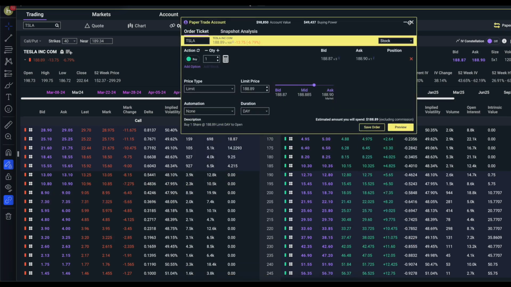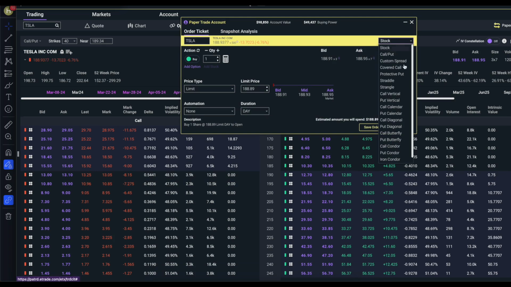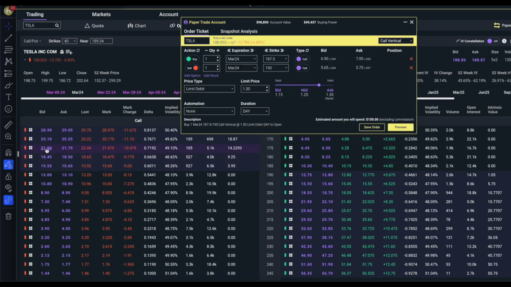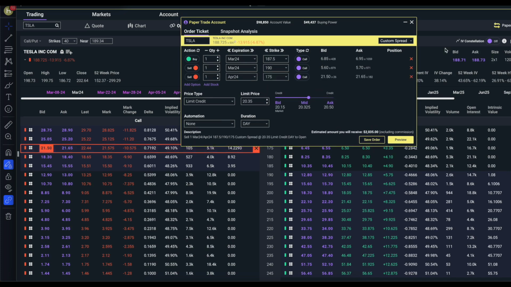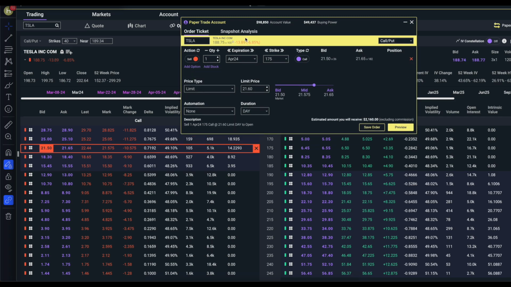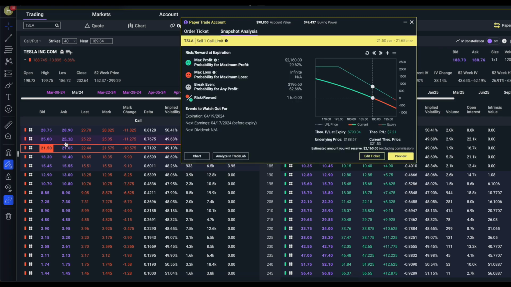One way to do it is by using a call vertical spread. Selling just a straight up call is going to introduce infinite risk. So chances are your account, if you're a new trader, isn't going to be like if we just bring up this one option here and we go to the snapshot analysis and we're just selling one option, doesn't matter what strike, your max loss is infinite.